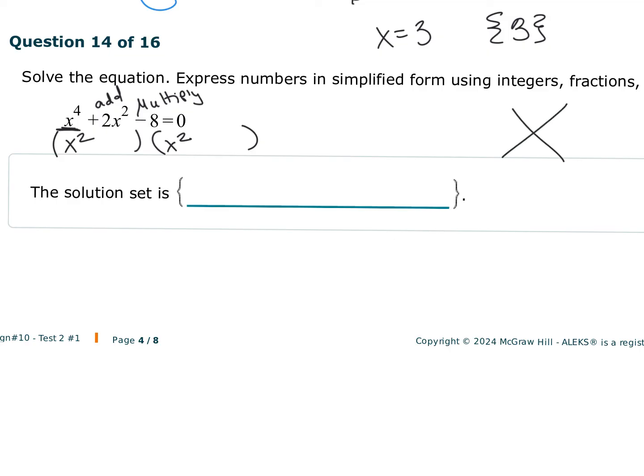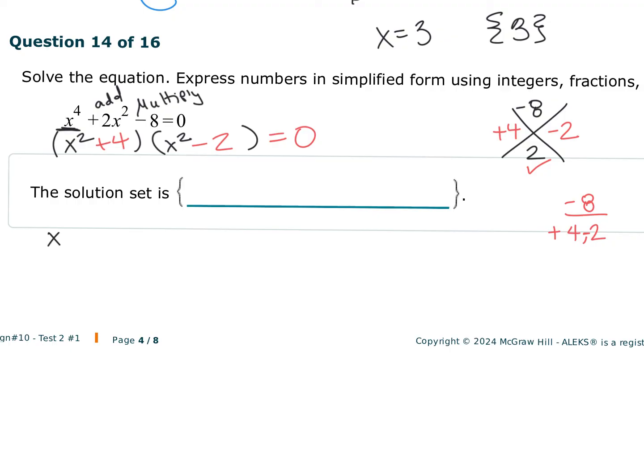I'm going to think about what times what equals negative 8 that would add to give me a positive 2. So I feel like it's going to be 4 and 2, but I would need the 4 to be positive and the 2 to be negative so that when I add them together, I get a positive 2. So I'm going to have positive 4 and negative 2, and of course, that is set equal to 0.